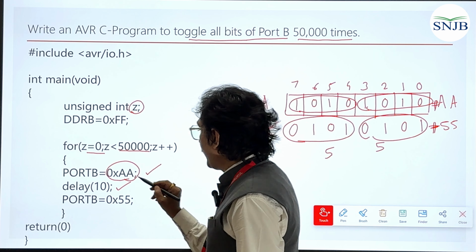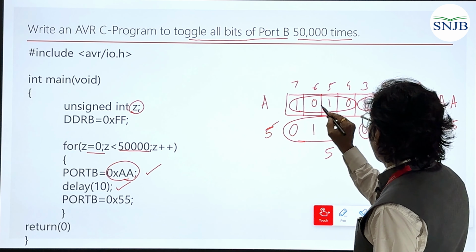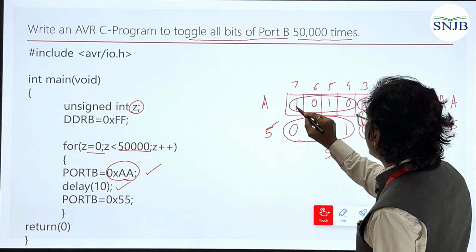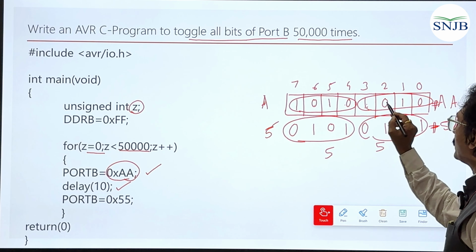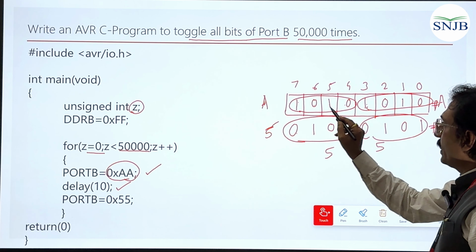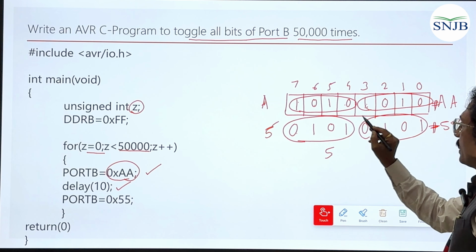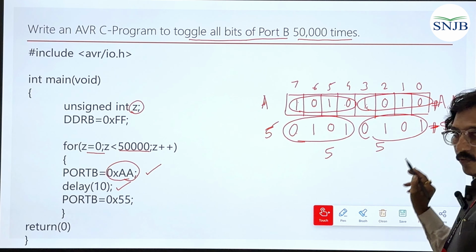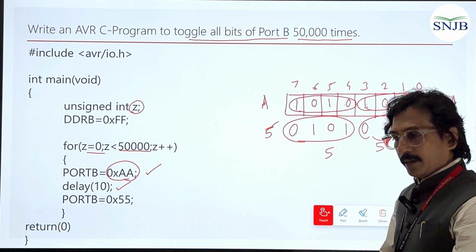So you are sending AA, which means 1 0 1 0 1 0 1 0, and after 10 milliseconds it becomes 0, this becomes 1, this becomes 0, this becomes 1, likewise. So this is called toggling.